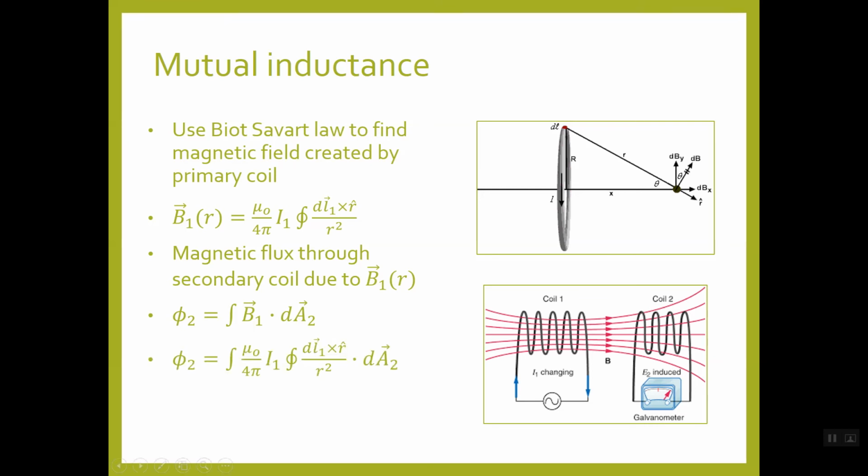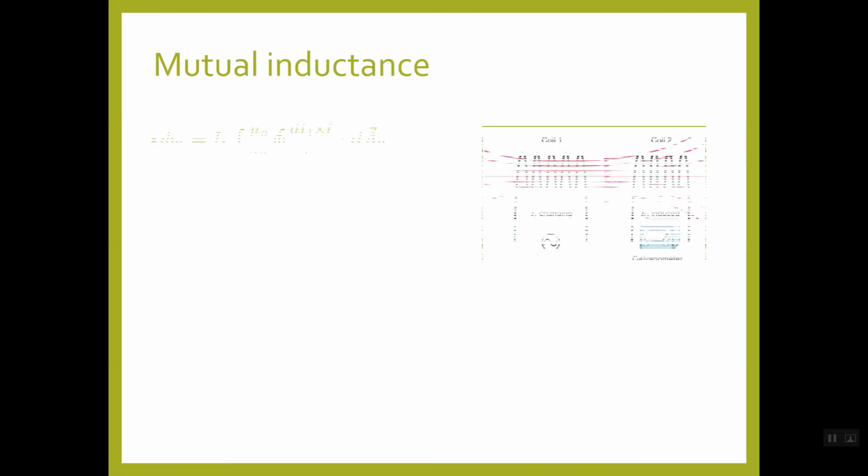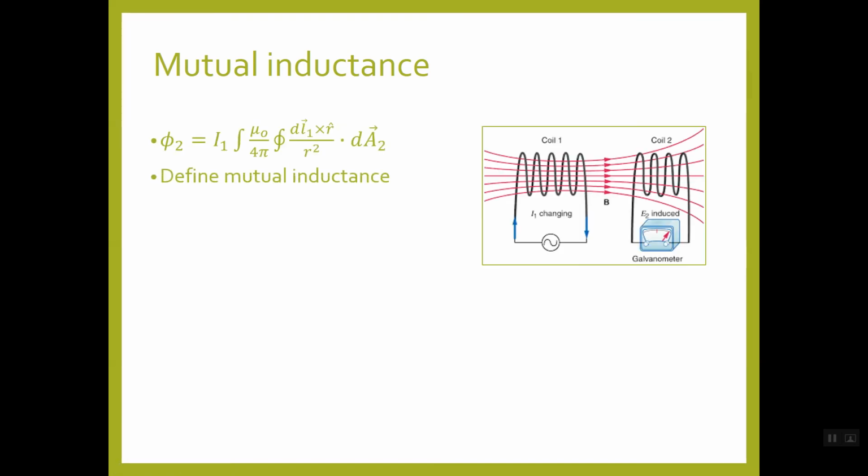Okay, here we go. So now I just plug in B1, the magnetic field that we'll find using the Biot-Savart law due to the primary coil. We can take out the current. And now I'm going to define something called mutual inductance.